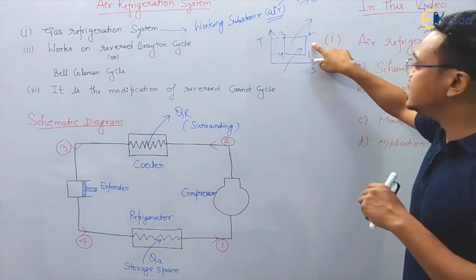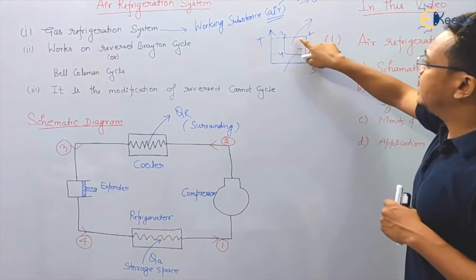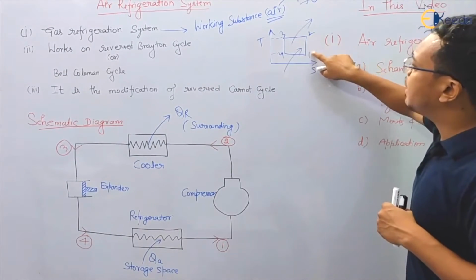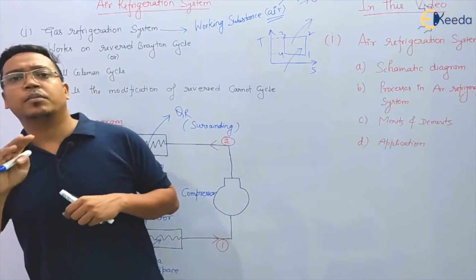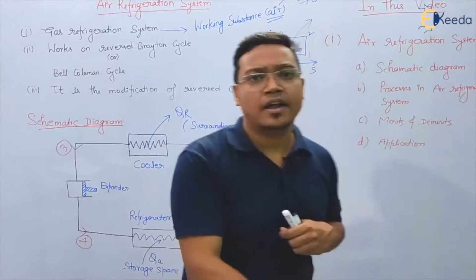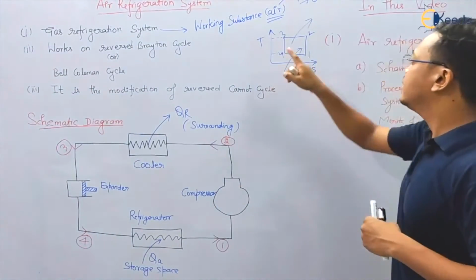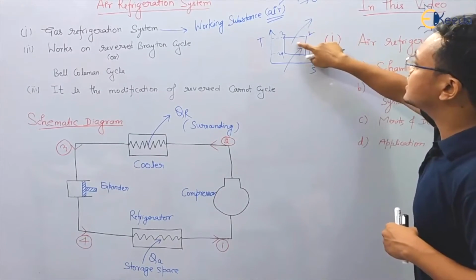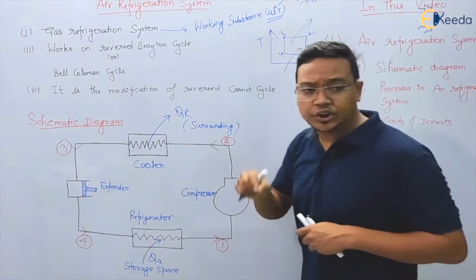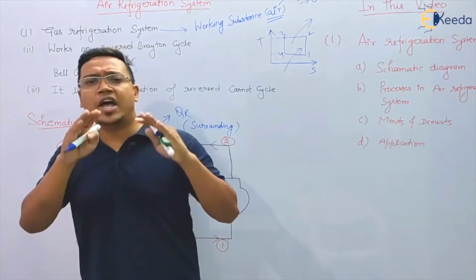Why? Because for a reversible adiabatic process to happen, it should be very fast. And to transfer the heat at constant temperature, the process should be very slow.